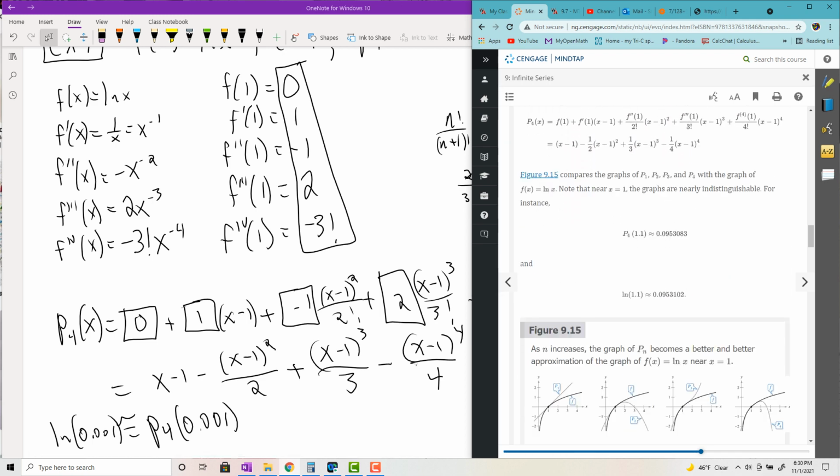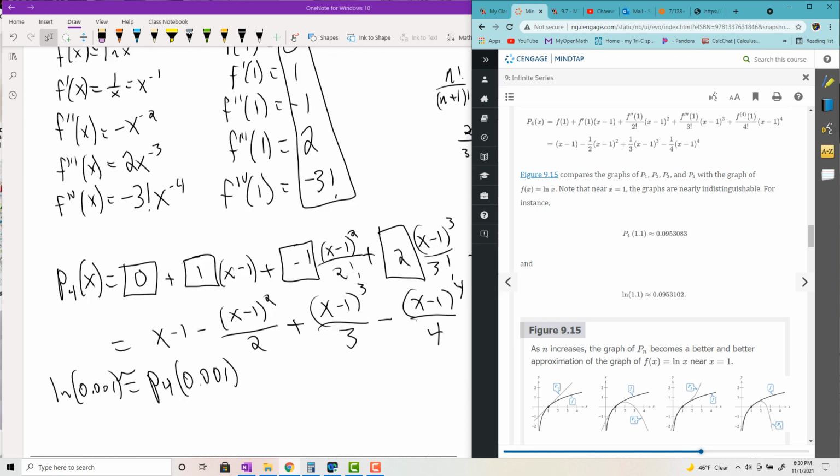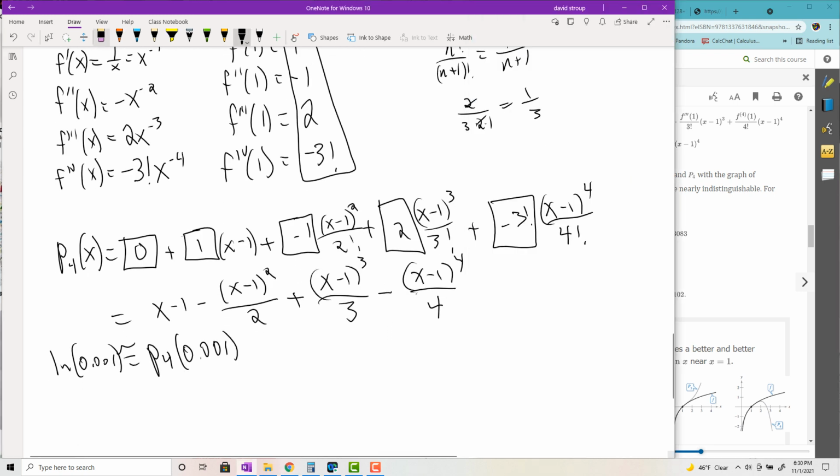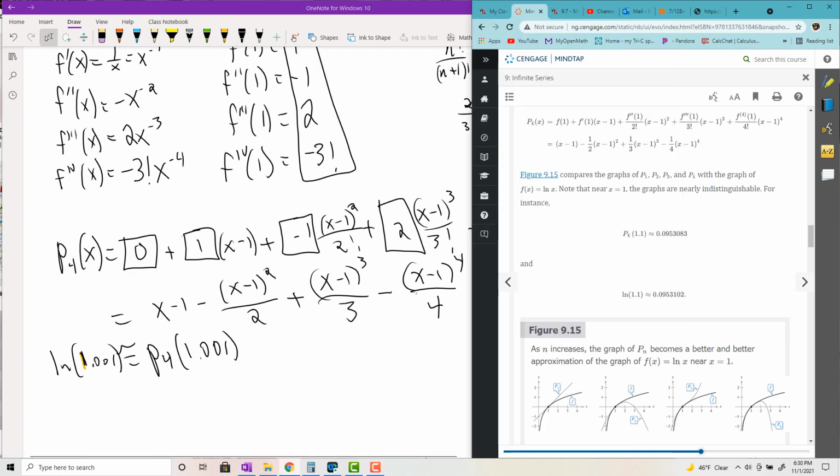Okay, so they're kind of showing you what these compare and contrast. Clearly, you need to look at numbers around the center. I used a number close to 0, so maybe it would be better if I used like 1.001. I'm trying to get the right color here. There we go. Okay, so that would be better for doing approximation there.